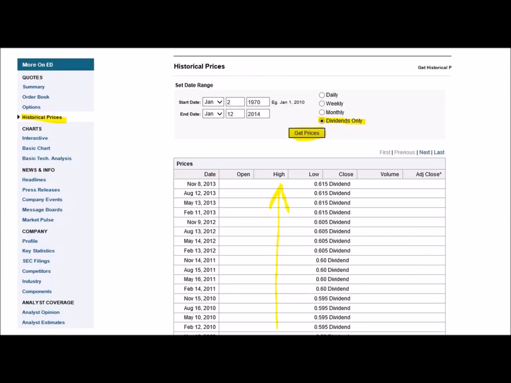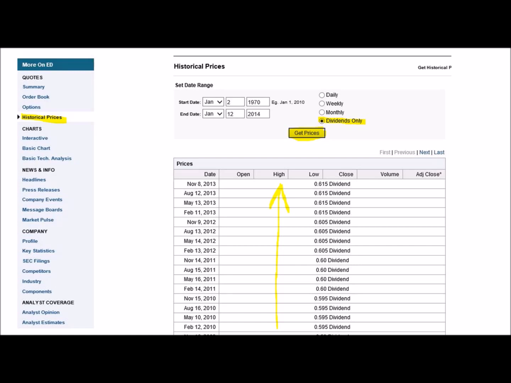Next, we go to historical prices, and we go to dividends only, and then we hit get prices. That will show you the actual dividend amount that you're getting paid each quarter. As long as that's consistently going up over a long period of time, then you're in pretty good shape.